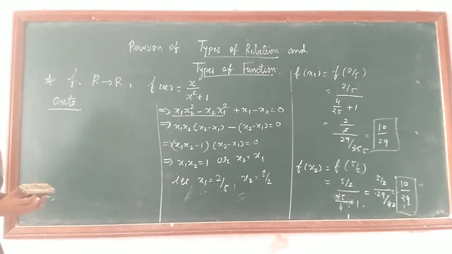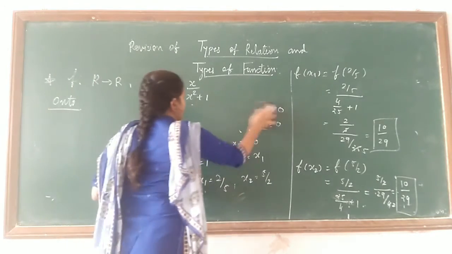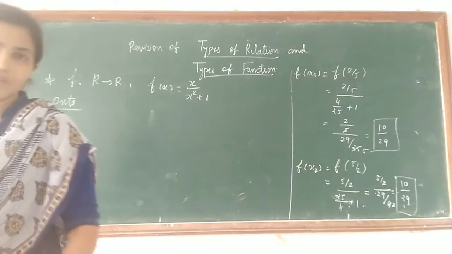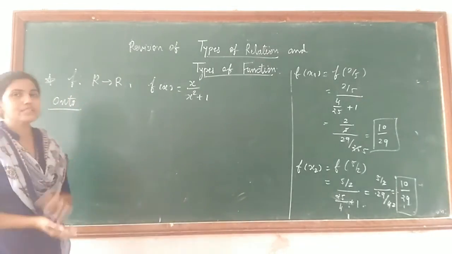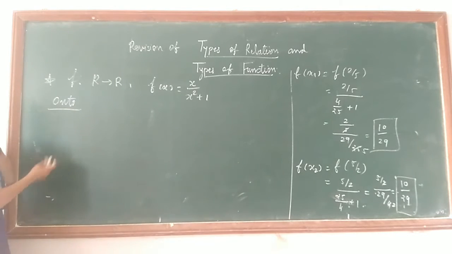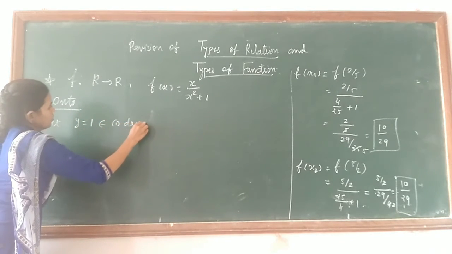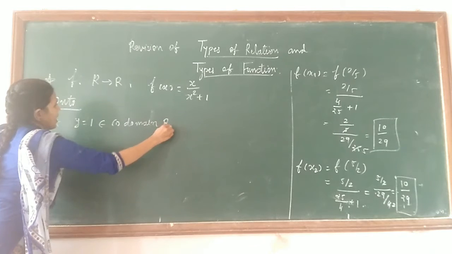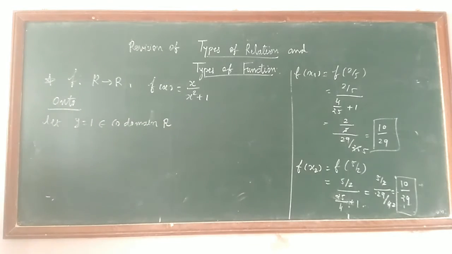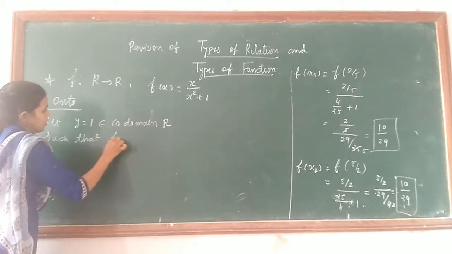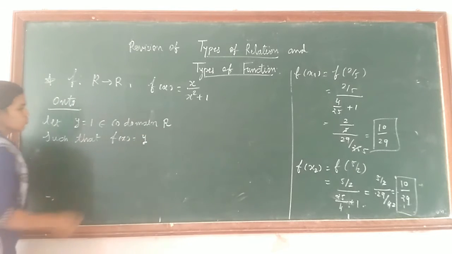So for ontoness, we take any one element from the codomain, and here the codomain is R. So I am taking one element as 1. Let y is equal to 1 belonging to codomain R. So what happens if we take f of x equal to 1?